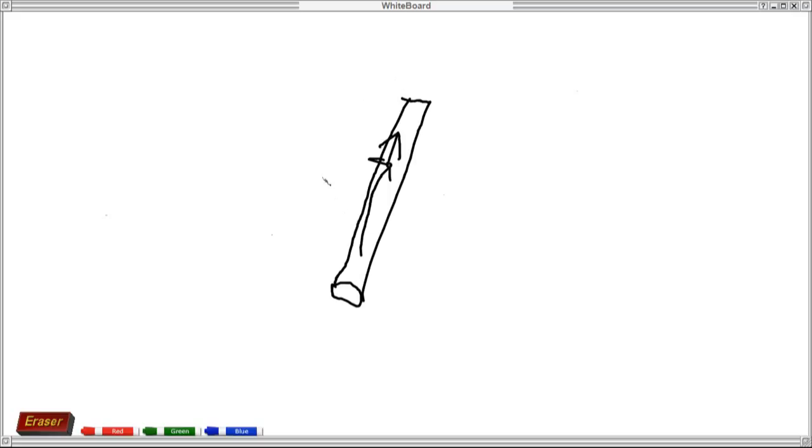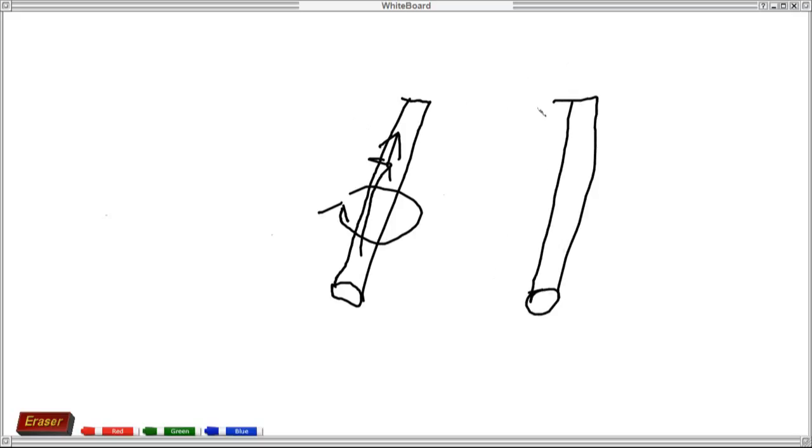This current will have a magnetic field, so it's going to be spinning in this direction. Now, if the current is flowing backwards, it's going to be spinning in the opposite direction, which is in this direction. That's how the magnetic field is going to be spinning.